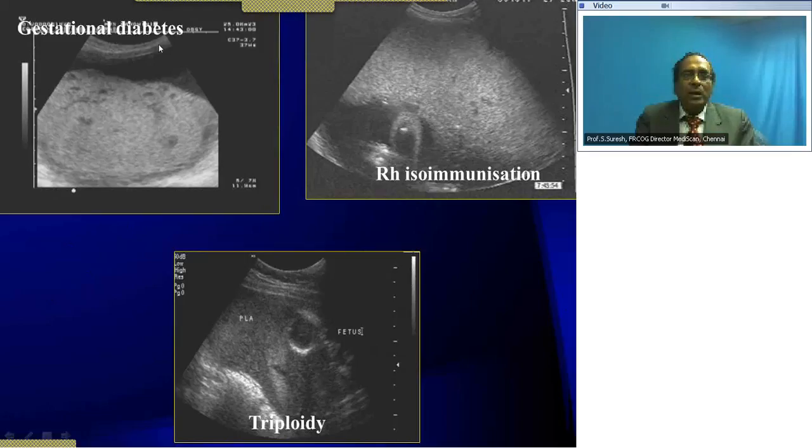Now in gestational diabetes you will have a large baby. A large baby and a large placenta go well together. Here you can see Rh isoimmunization, you can have splenomegaly, the abdominal circumference may be large, and the placenta is also large. But here the triploidy, where the baby will have IUGR, very early onset symmetric IUGR, but the placenta will be large in size. So that's when you raise your eyebrows and say, maybe we should investigate further.